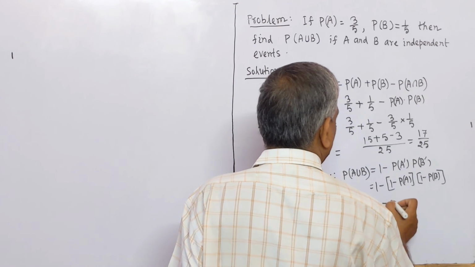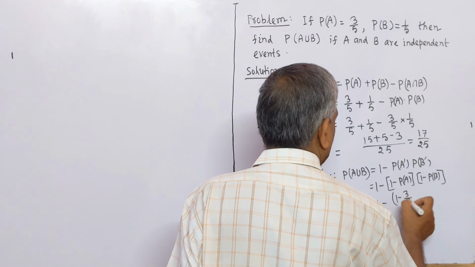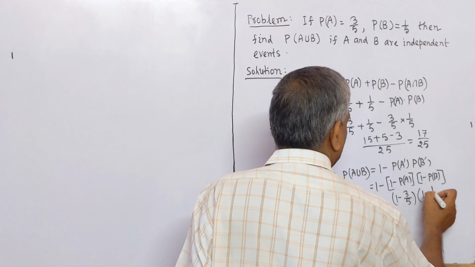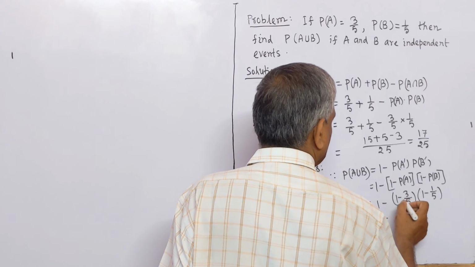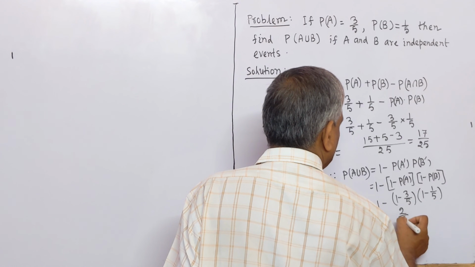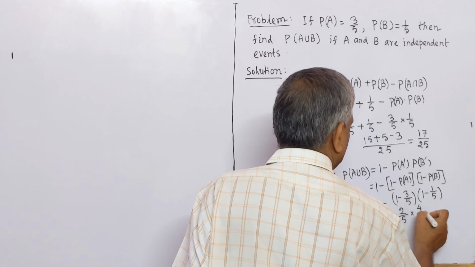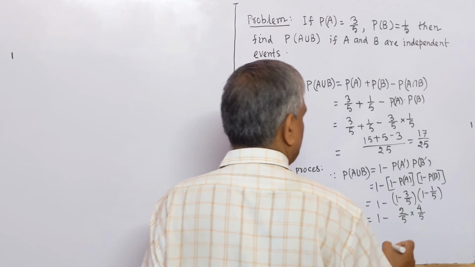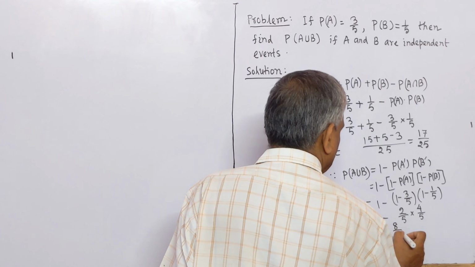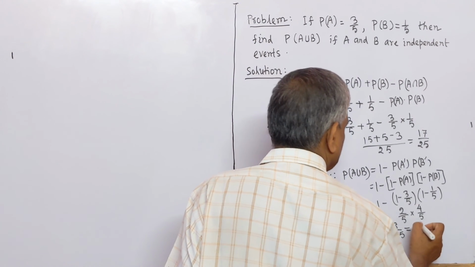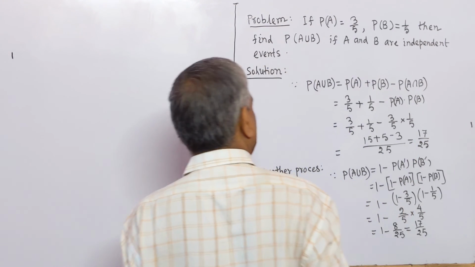This equal to 1 minus, 1 minus 3 by 5 times 1 minus 1 by 5. This equal to 1 minus 2 by 5 multiply 4 by 5, means 1 minus 8 by 25, and this is equal to 17 by 25. Same result in both processes.